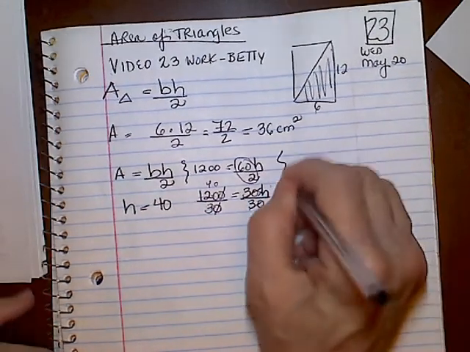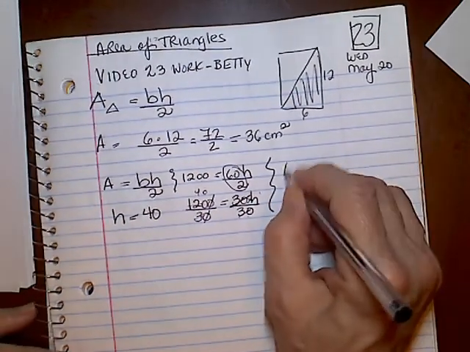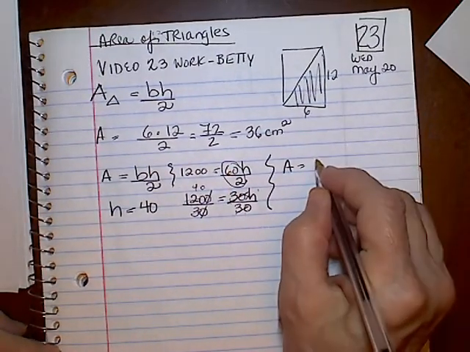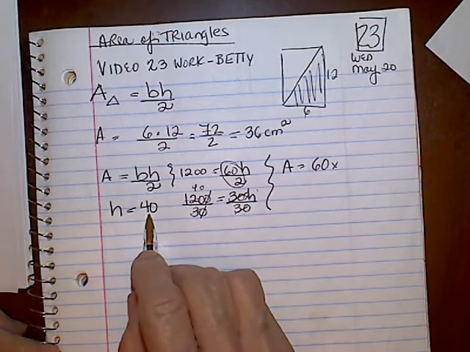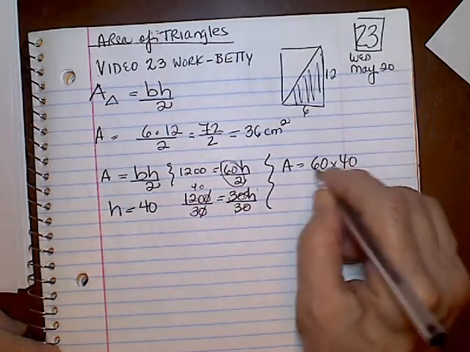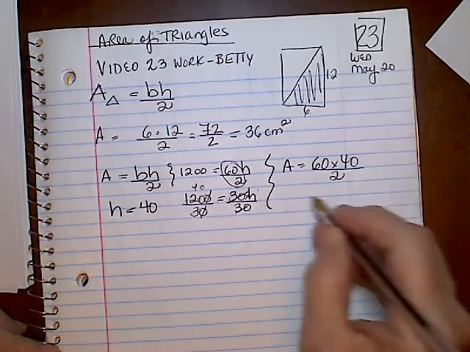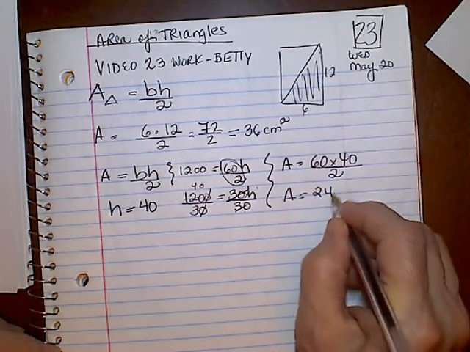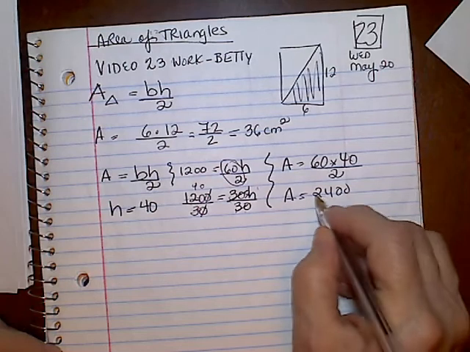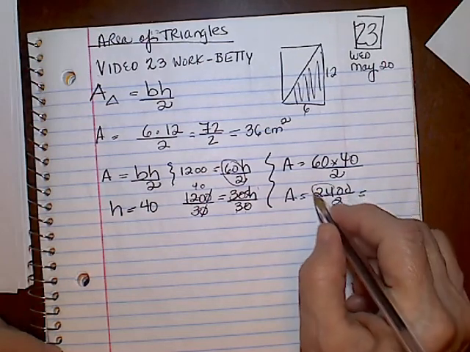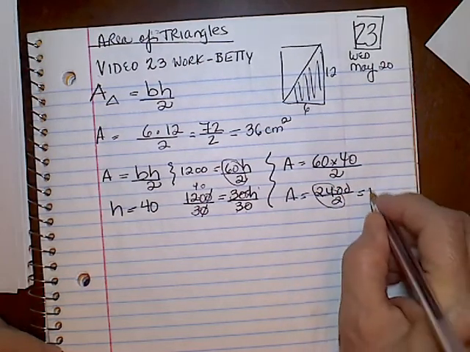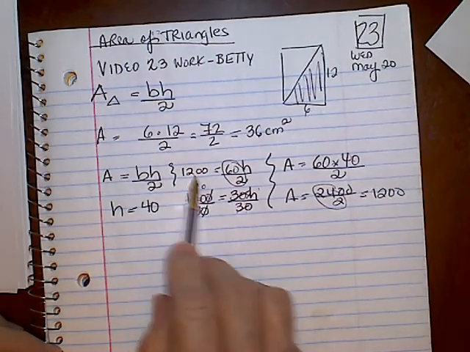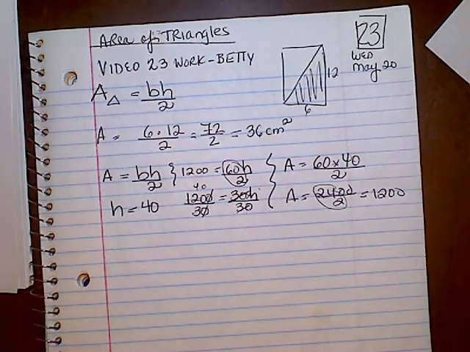How can I check? I could check by going base is 60 times my height is 40 and divided by 2. So area equals 6 times 4 is 2400. Tack on the 2 zeros. Divided by 2. And 24 divided by 2 is 1200. And that's the original area they gave us. I'm not going to ask that you check each time because you've got the answer bank.